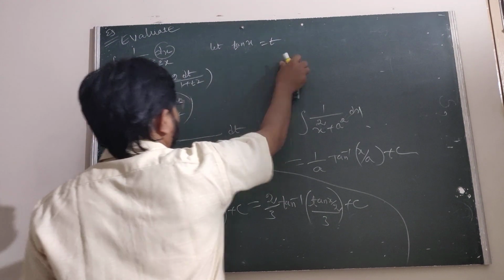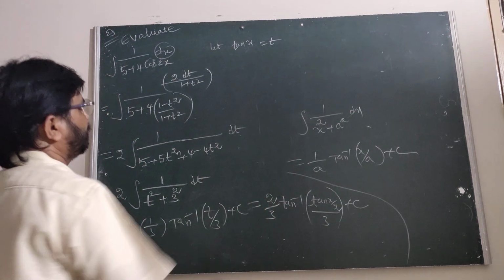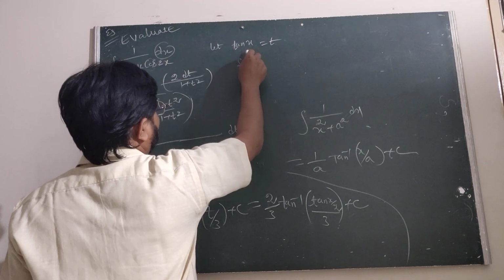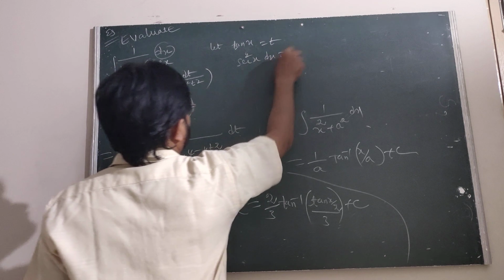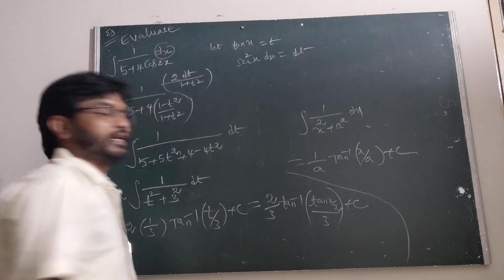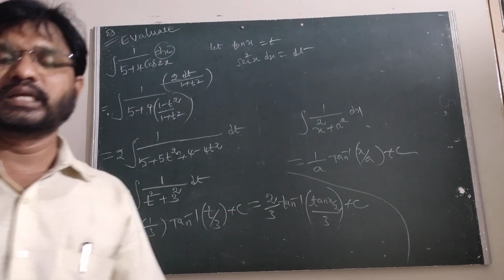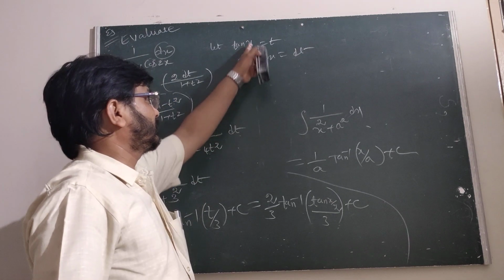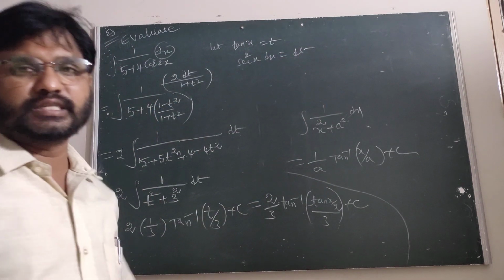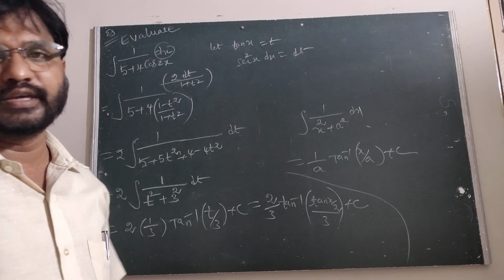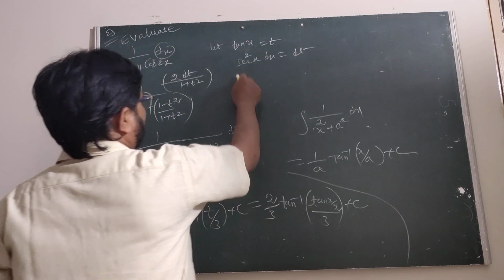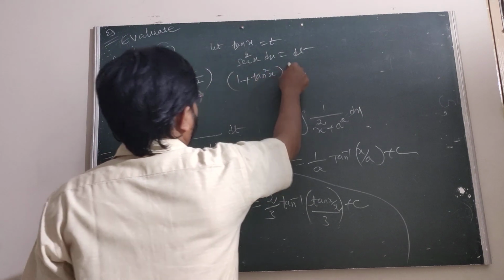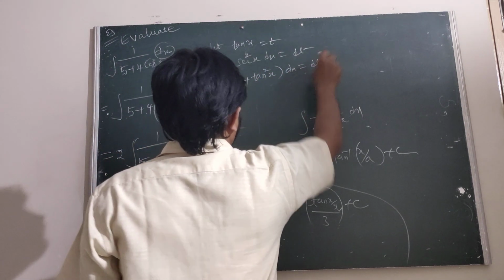Because all of you listen carefully here. When you are taking tan x equal to t, the derivative of tan x is secant square x dx. The derivative of x is dx, equal to the derivative of t, which is dt. Secant square x is the form 1 plus tan square x, into dx equal to dt.